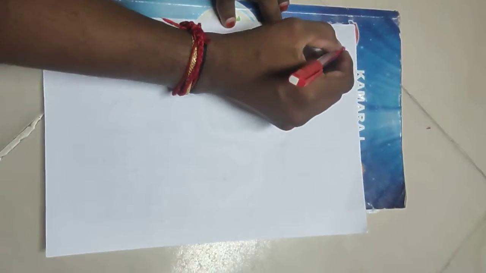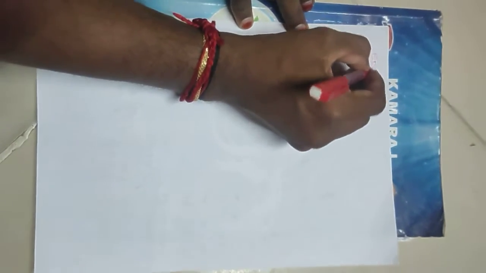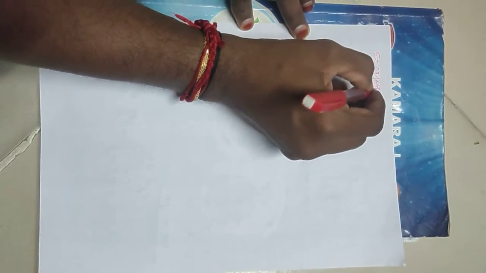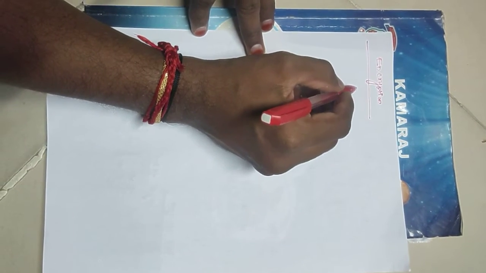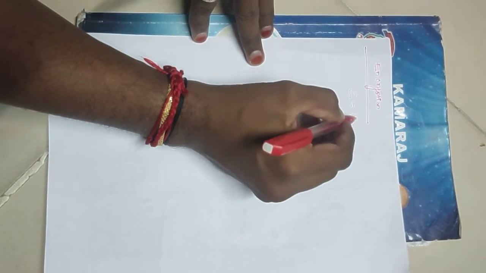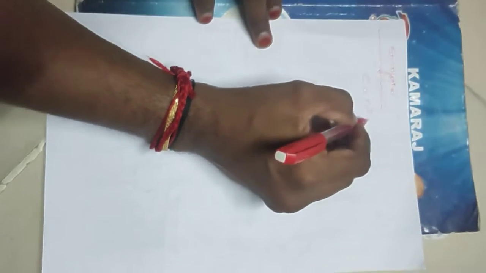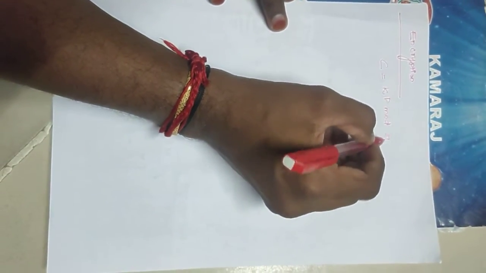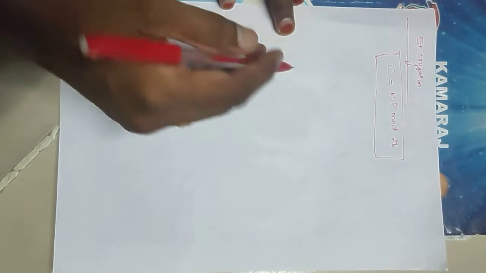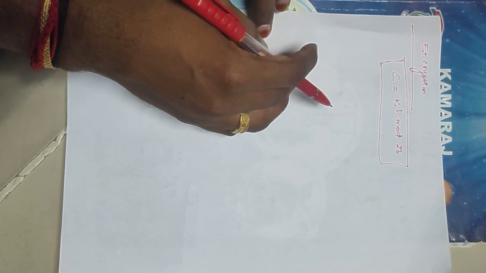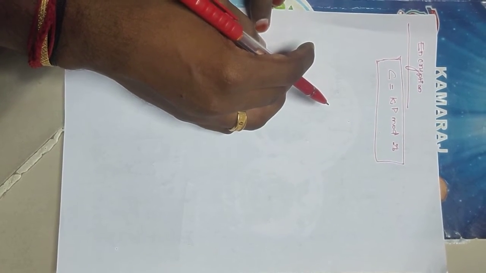Then, what is the formula for performing encryption in the Hill cipher? The output is the cipher text, which equals key times plain text, then mod 26. This is the formula to convert a given plain text into cipher text.